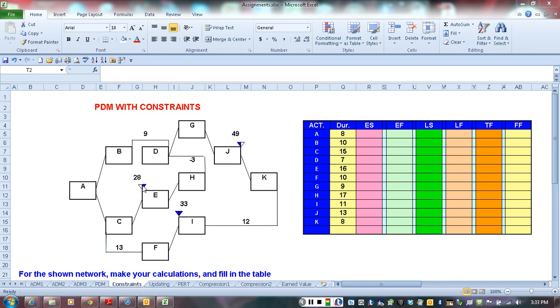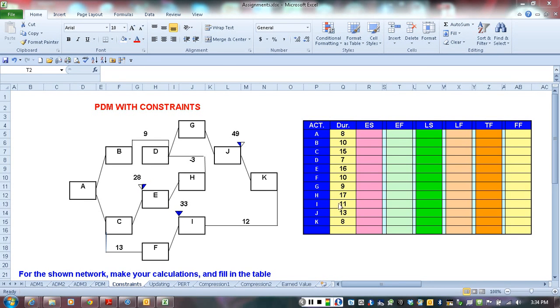One of them is a start no earlier than constraint on activity E, start no earlier than day 28, and one is start on day 33 on activity I, and the third one is finish no earlier than day 49 for activity J. So let's go ahead and start solving this network.